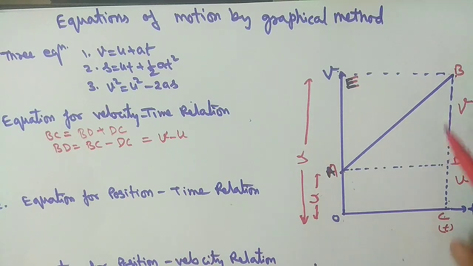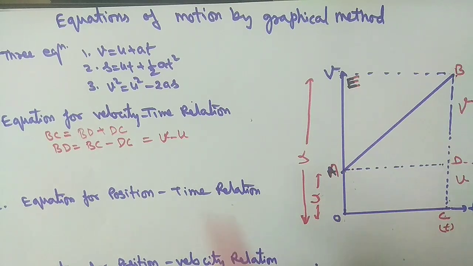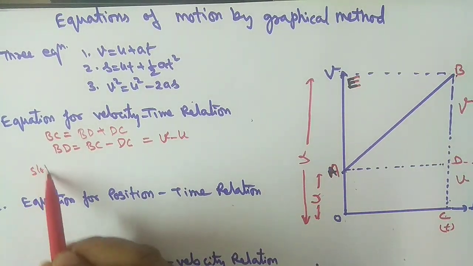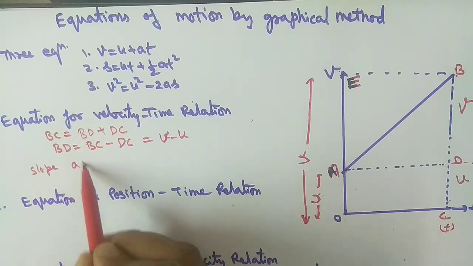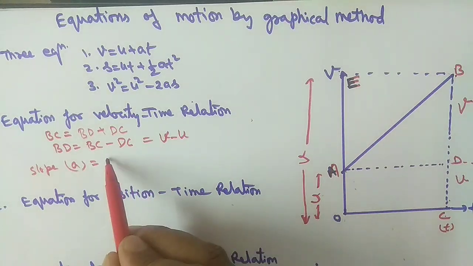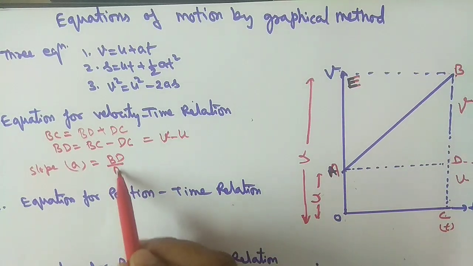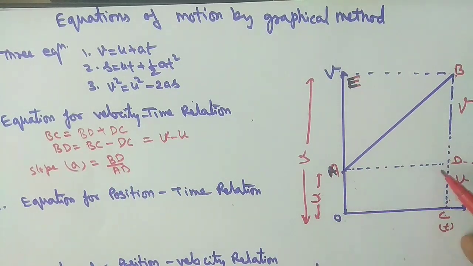To find the acceleration from the VT graph, it is always equal to the slope. So the slope of the graph, that is a, is equal to the change on the y-axis, that is BD, upon the change on the x-axis, that is AD.